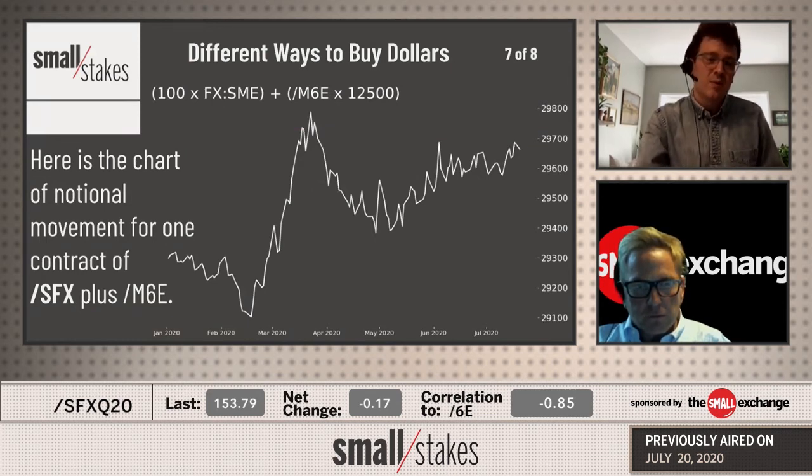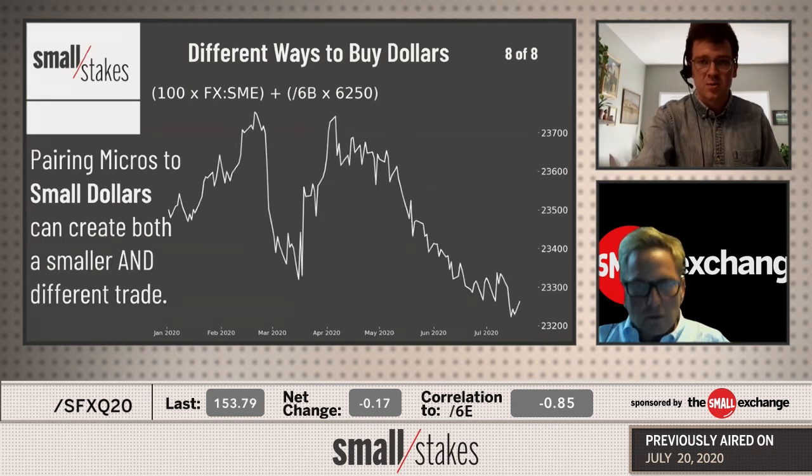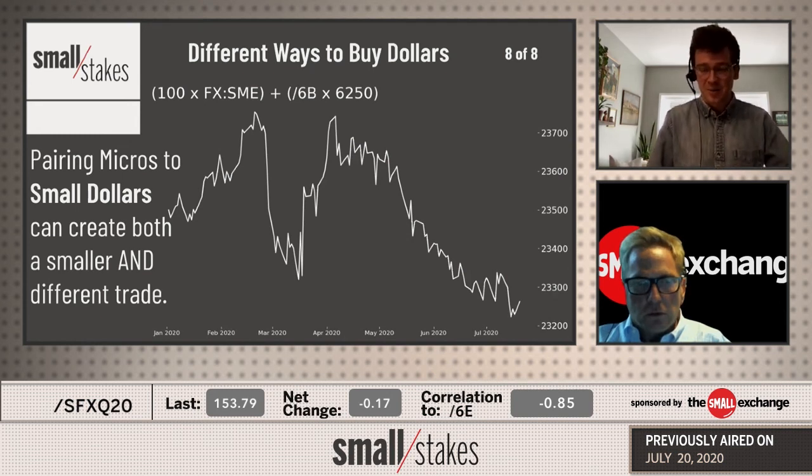And same if you wanted to get short, this might be euros. I know you've liked longing euros this year. Euros the outperformer. If you wanted to sell dollars, selling euros would be the stronger one here in 2020. If you wanted to buy dollars, buying that sterling piece, which until today, unfortunately, was really the weakest piece.